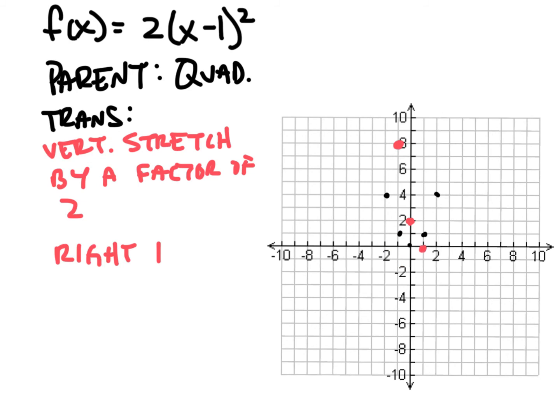And so on and so forth. We'll end up here by multiplying these all by 2 and then shifting right 1. And so now we have a skinnier quadratic function because it's going to grow faster. That's what the A does. It makes it grow faster or slower.